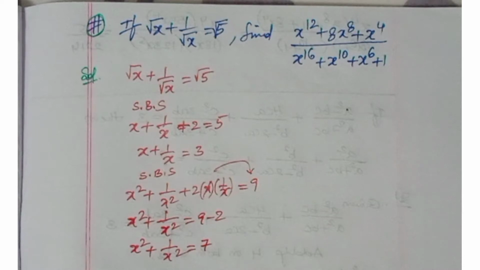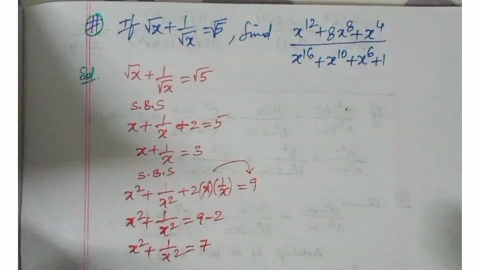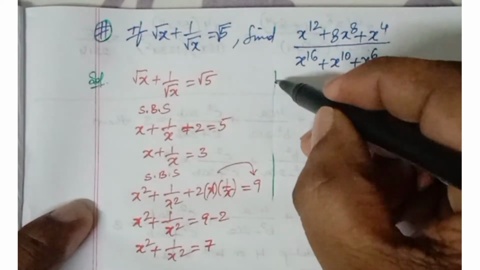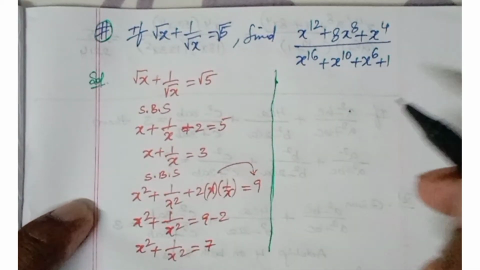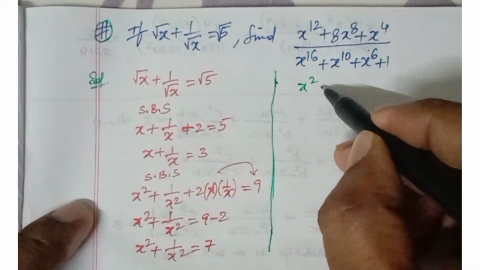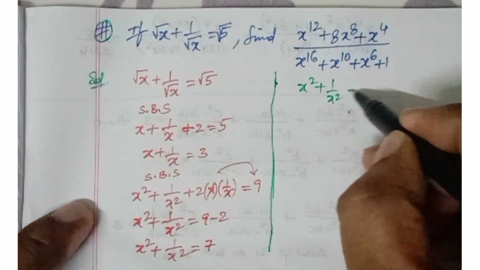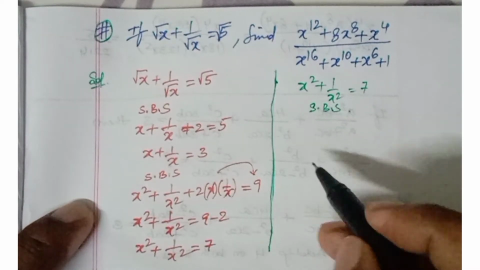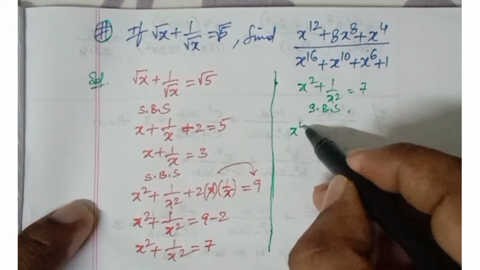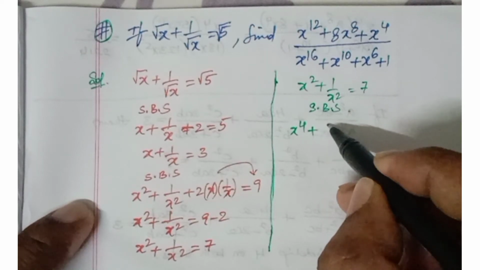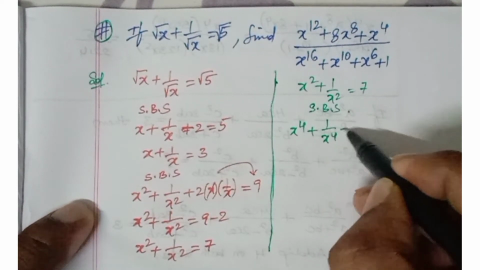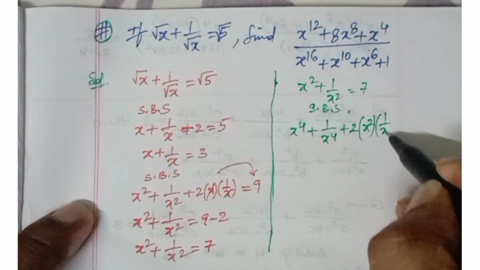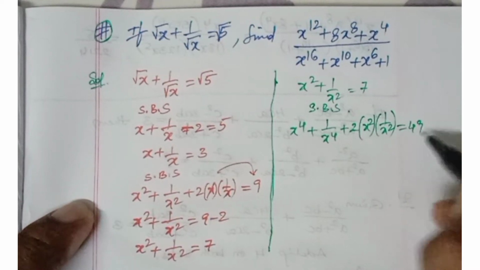So again what I am doing is squaring on both sides. You may get a doubt what we are doing. Again squaring on both sides. x square plus 1 by x square is 7. Squaring on both sides, x power 4 plus 1 by x power 4 plus 2 into x square into 1 by x square is equal to 49.